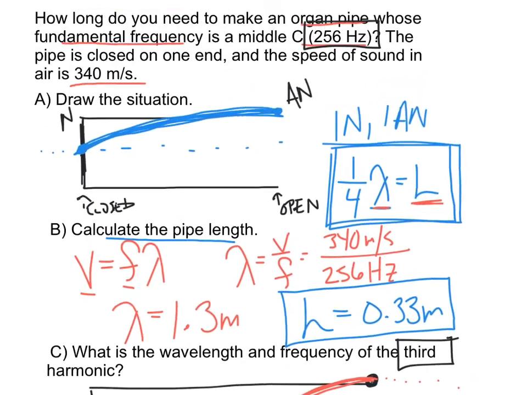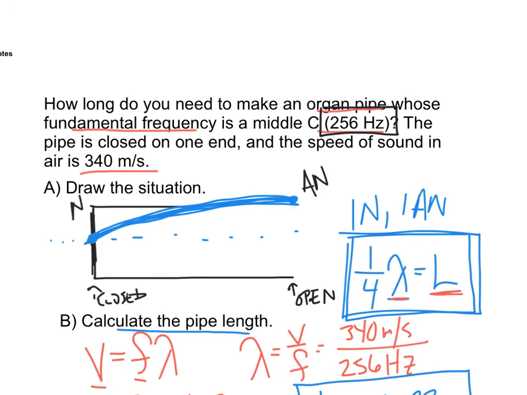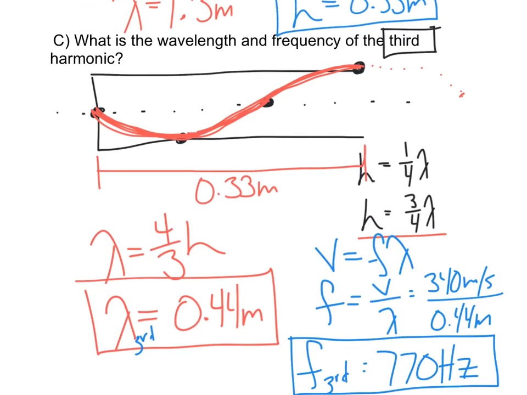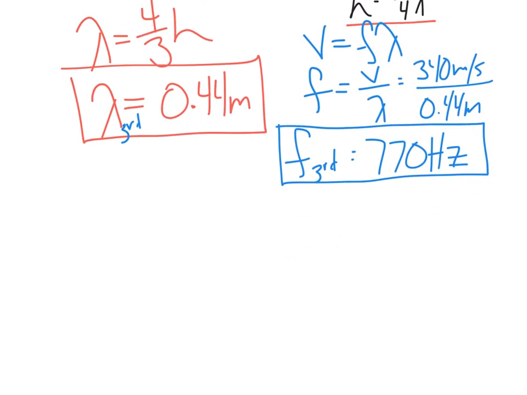Now, I said back at the beginning that our fundamental frequency was 256 hertz. So another way to check this, another calculation we could do, is say that the frequency of the third harmonic is an integer multiple of our fundamental frequency.